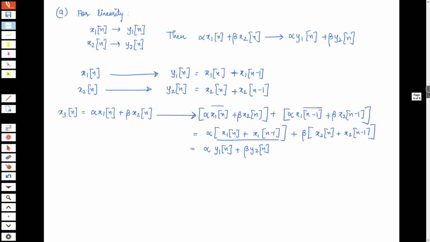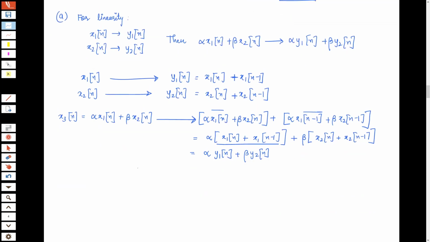Since we have proven this, it is safe to say that this system is linear.